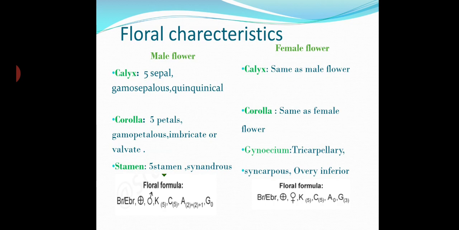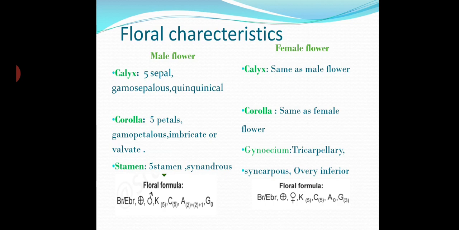In the case of androecium, 5 stamens are there, but they are also fused, but one stamen is free and the other 4 stamens are fused in pairs. That is 1 plus 2, that is 2 are fused, plus 2, these 2's are also fused.